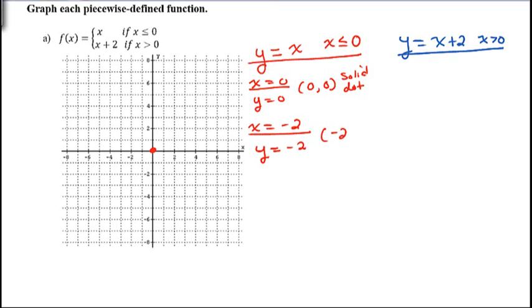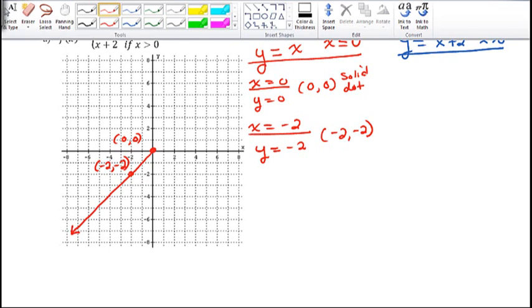That gives me the point negative 2, negative 2. All you need to plot for a line is 2 points. Two points define a line, so we can go ahead and draw this piece of the graph in already. It's this line.